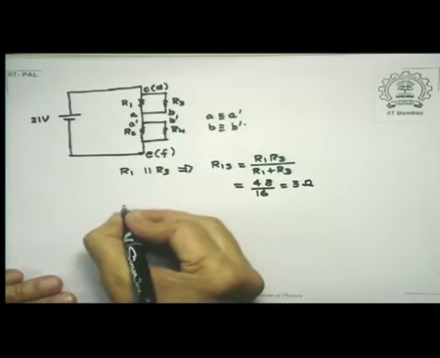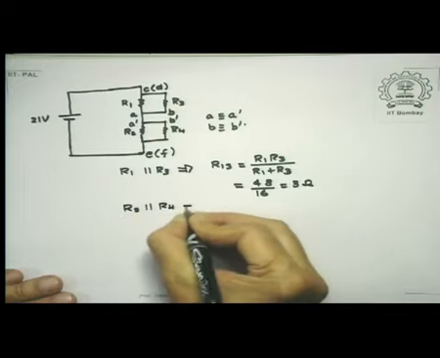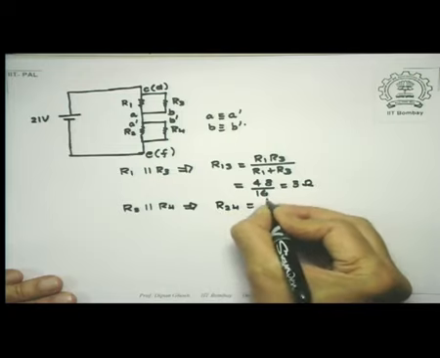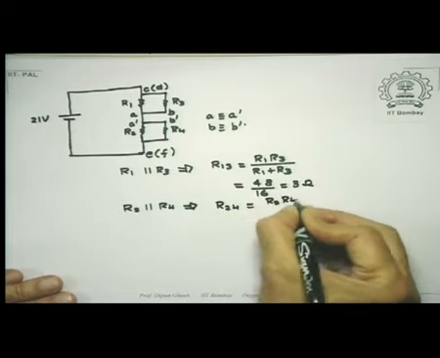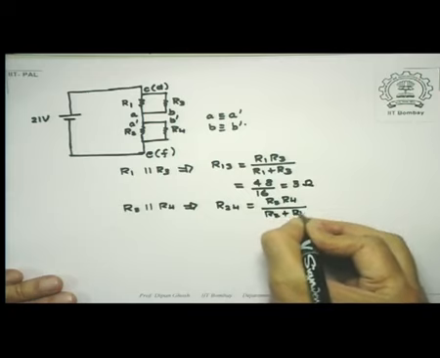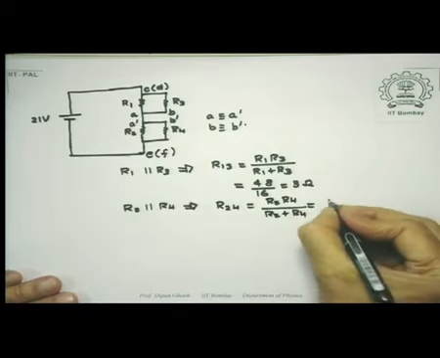Likewise, R2 is parallel to R4, and that leads to R24 equal to R2 R4 divided by R2 plus R4. They were all the same resistance, so this is 8 into 8 by 8 plus 8, which is equal to 4 ohms.